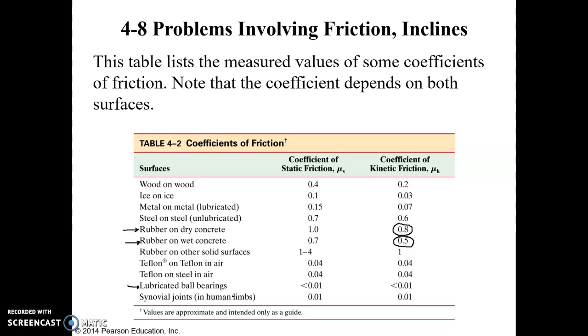We want to avoid friction and make them move as easily as possible. That's less than 0.01. That's pretty low. And even in human biology, things like the joints, your knees or elbows, those joints have a very low coefficient of friction as well.